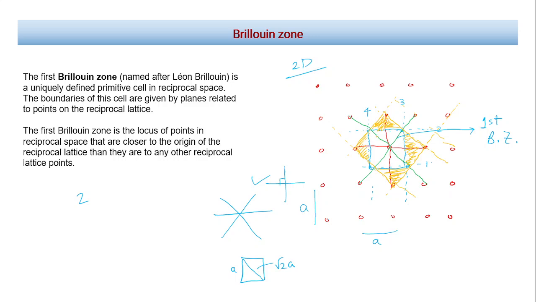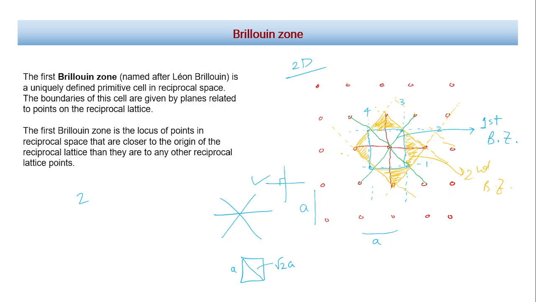Whatever is inside this blue one is the first Brillouin zone, I have not shaded it, and whatever is inside these yellow segments but outside the first Brillouin zone is our second Brillouin zone. So these are the second Brillouin zones.